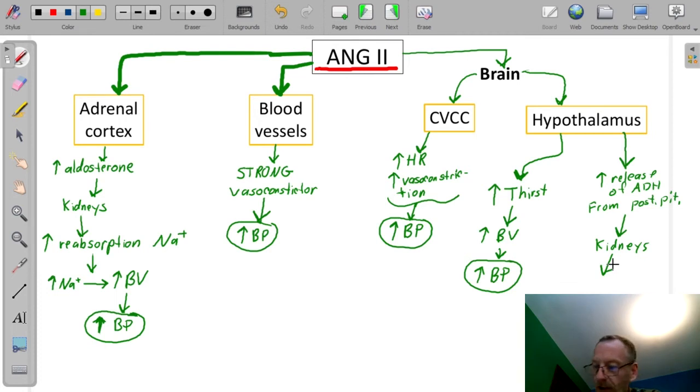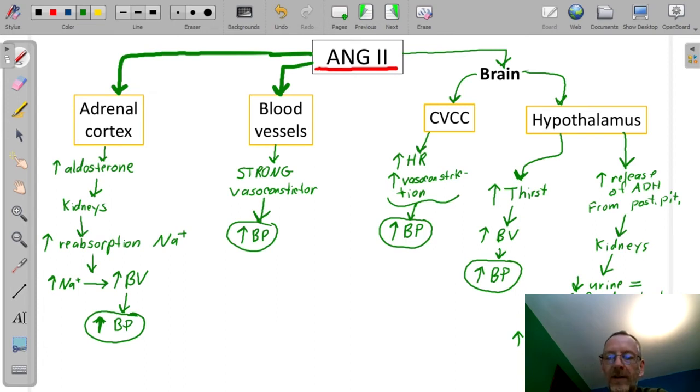Less volume is lost, so we have less urine. And that equals increased fluid retention. And you know the connection here. That just leads to increased blood volume, which in turn leads to increased blood pressure.